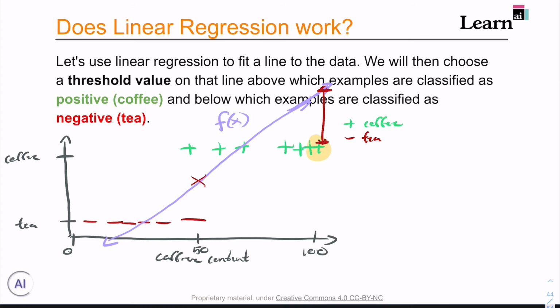That's a high loss. For this point it's perfect, but for everything else, this is saying that this should be coffee with high confidence because it's well above this coffee line. So this is saying this should be coffee, but it's getting punished for predicting it correctly. That's not what we want. And the issue here is that we're using the wrong type of model. This just doesn't make a lot of sense.